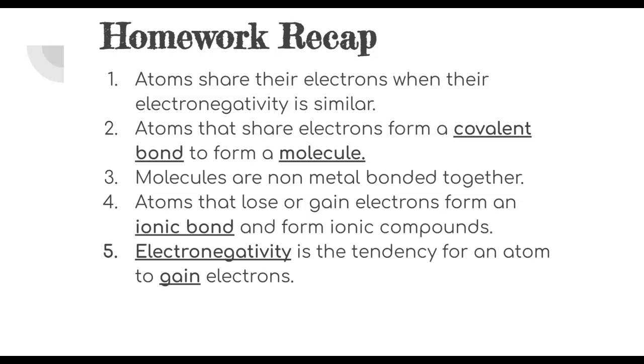Whereas if you have a large person versus a very small person in that tug of war, it's easier to get the electrons, okay? So atoms that share, so that tug of war is more equal, we say form a covalent bond, and that forms a molecule. And then just a reminder, molecules tend to be nonmetals bonded together, whereas ionic compounds are where atoms lose or gain electrons. So just a reminder to keep those in your notes.